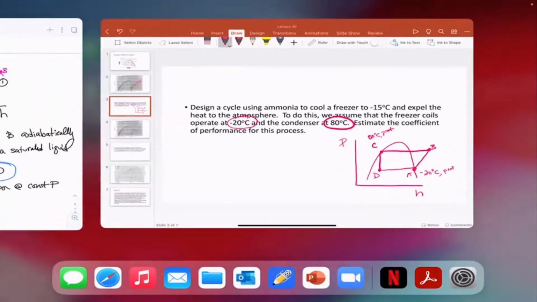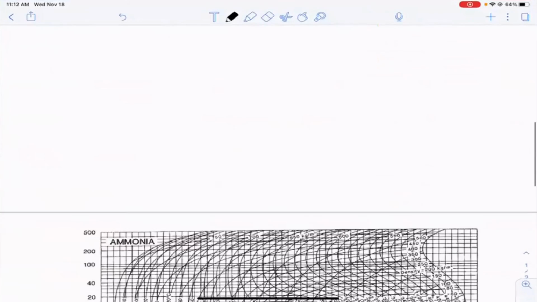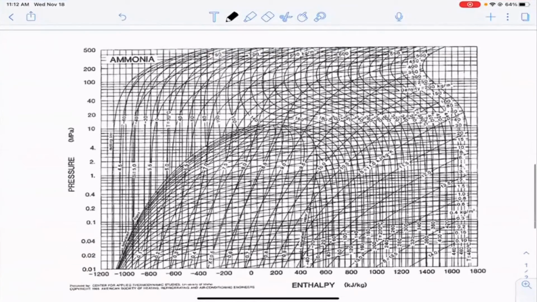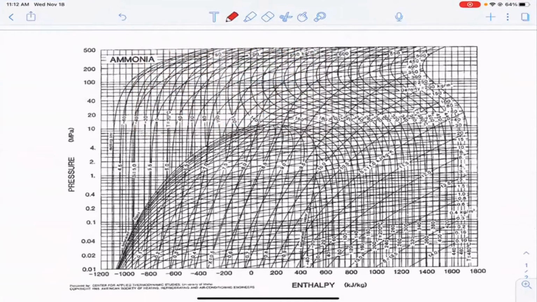Okay, so let's do this. I've actually pulled up the pH diagram for ammonia, which is the focus of this particular problem. And when I start looking at solving a problem using a pH diagram, I've already said a couple of times that we know two of the states, right? We know that A exists at -20, and we know that C exists at 80, and they are saturated.